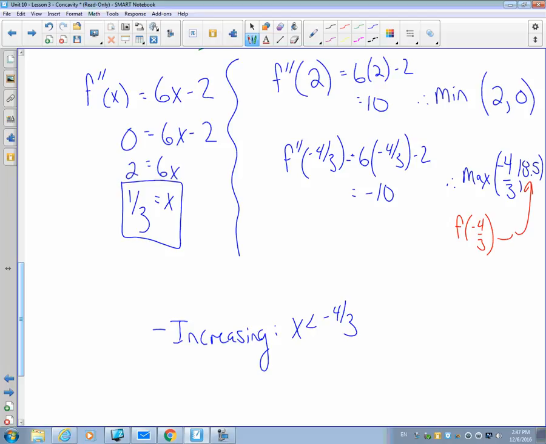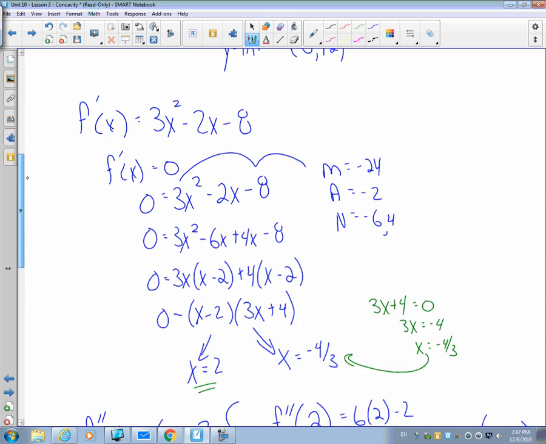And this can go from a max to a min, so it means it's decreasing from -4/3 to 2. What happens after it hits a min? It starts increasing again. So here's my intervals of increase and decrease.